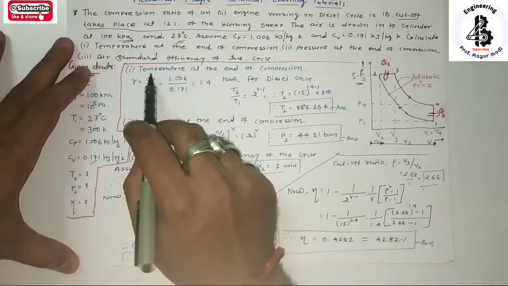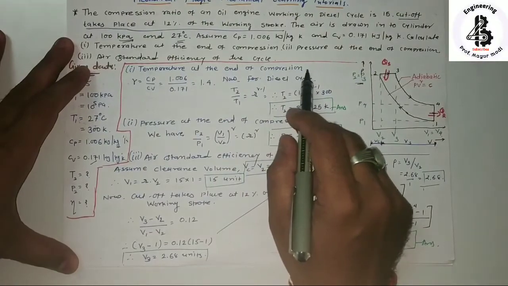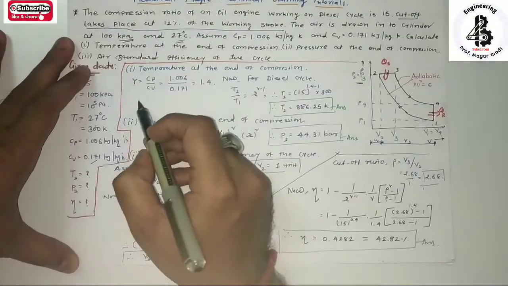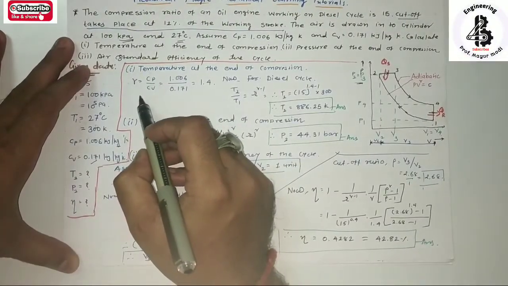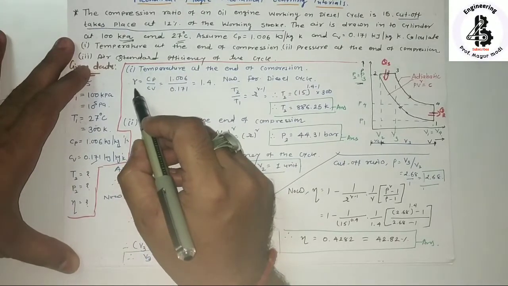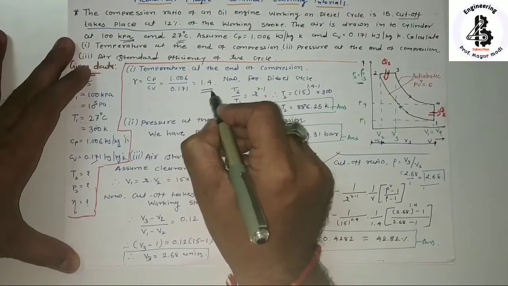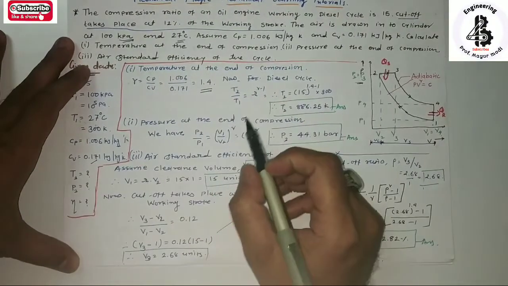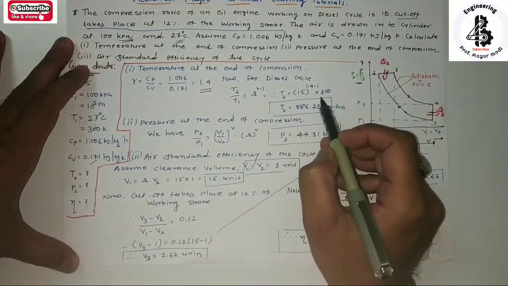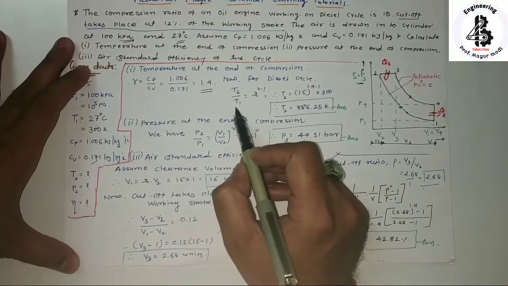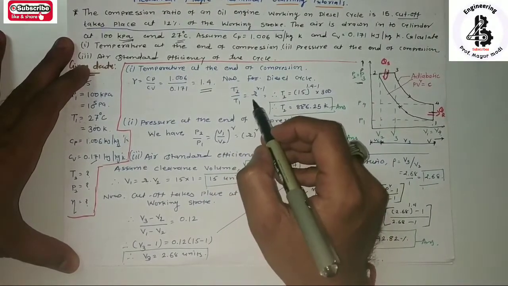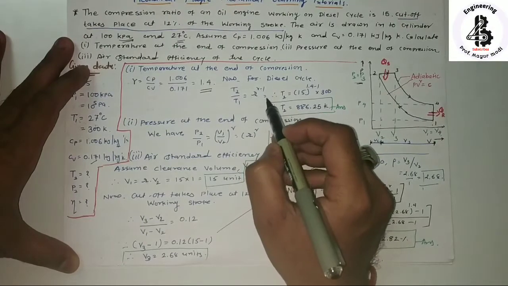First one, the temperature at the end of the compression process. From the relation of Cp, Cv and gamma, gamma is equal to Cp upon Cv. So you will find the value of gamma, and that will be 1.4. Now for the diesel cycle, T2 upon T1 is equal to R raised to gamma minus 1.